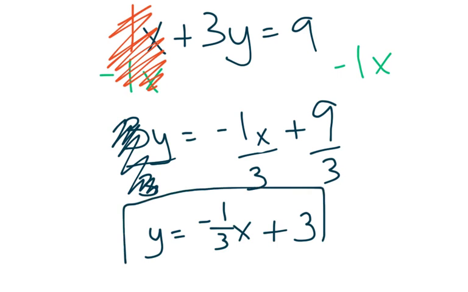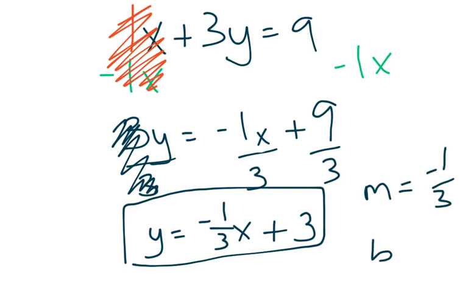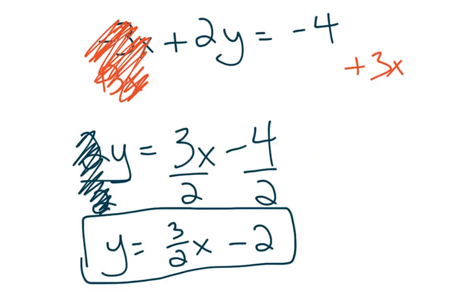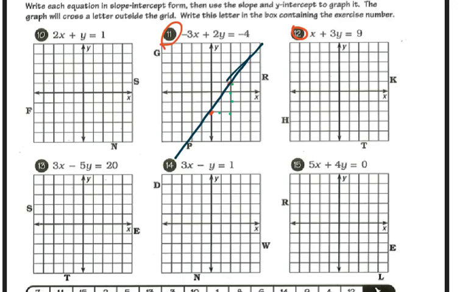So here's our equation. So the slope is a negative, so it's going to fall, and it's going to start at positive 3. So it's going to be going downhill like a ski slope, and we're going to run 3 and fall 1. So it starts at positive 3.